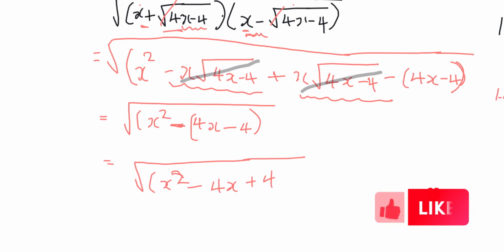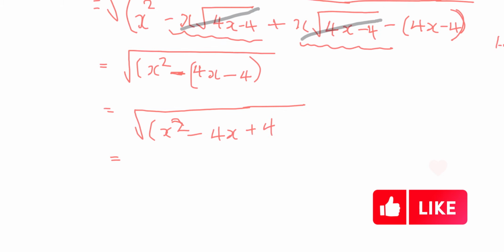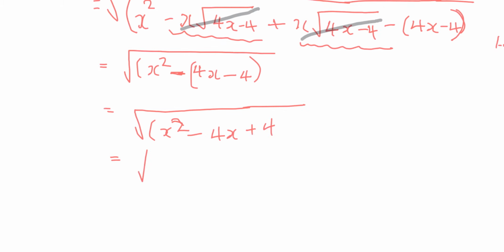From here, what we can also have is x squared subtract 4x plus 4. This is the same as x subtract 2 and x subtract 2, because x squared subtract 4x plus 4 factorizes like that.